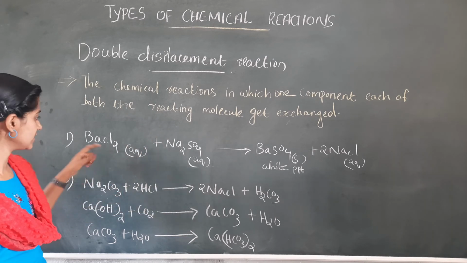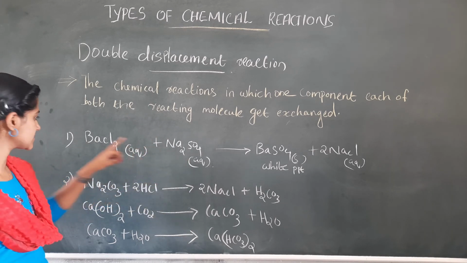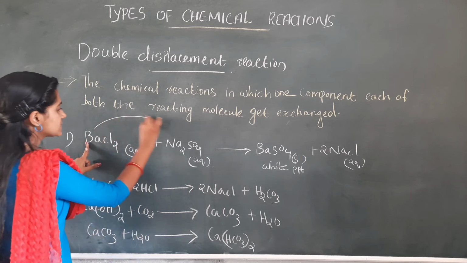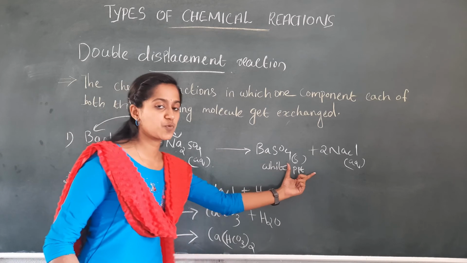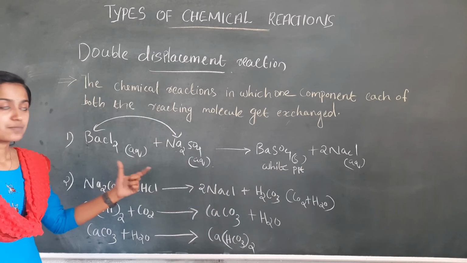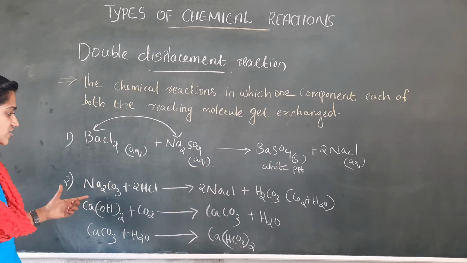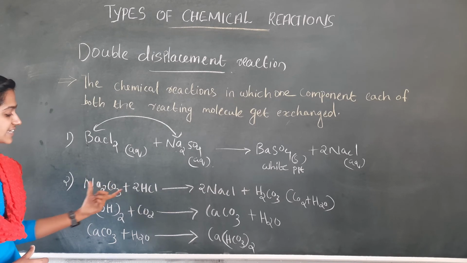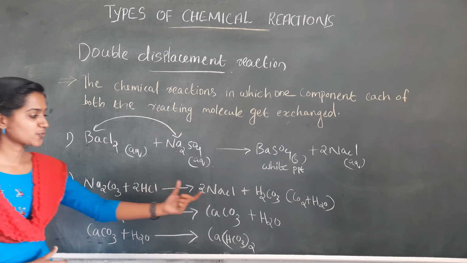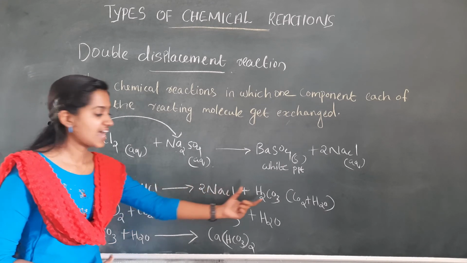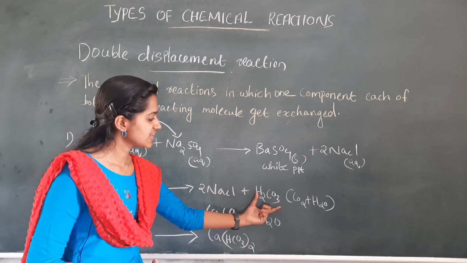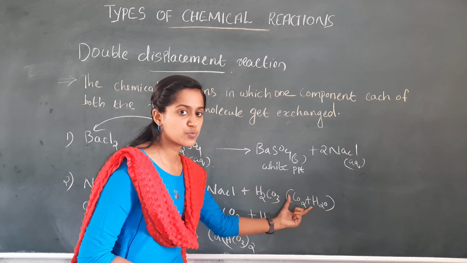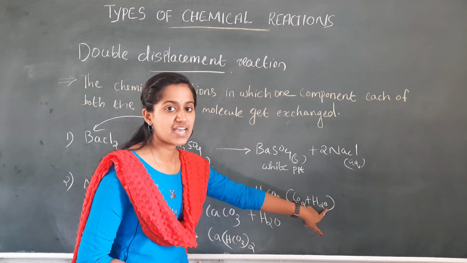In this reaction, when we look at the reacting species, barium and sodium interchange their positions to produce the corresponding products. One more example of this double displacement reaction is sodium carbonate reacting with hydrochloric acid to produce sodium chloride and carbonic acid. Here H2CO3, that is carbonic acid, is the result of the combination of two products, carbon dioxide and water.